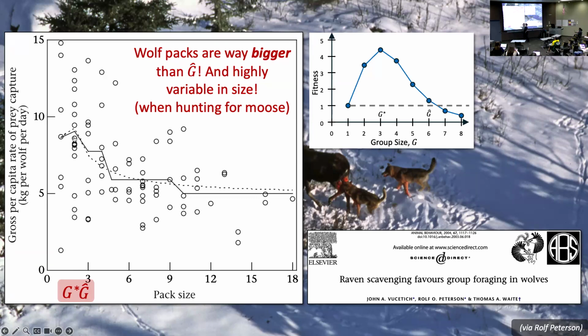It's the equilibrium, because once you get to 3, it drops below how well you could do with 1. So why join a group if you can do just as well alone? So we'd expect packs to be 2 or 3. But you get giant packs, way bigger than this, and these packs are doing way worse than they would if they were alone. That is the mystery that people have tried to solve.